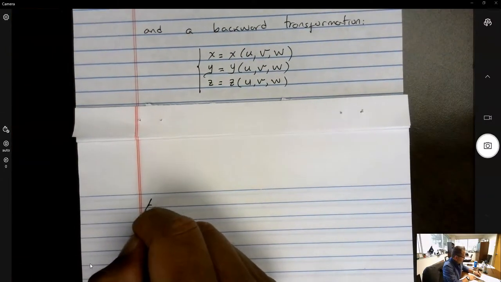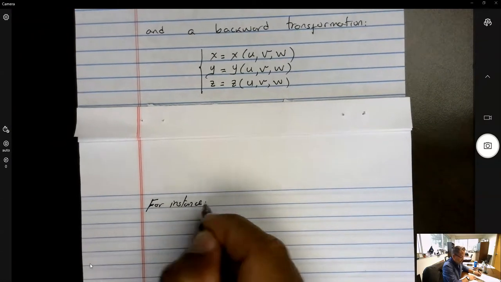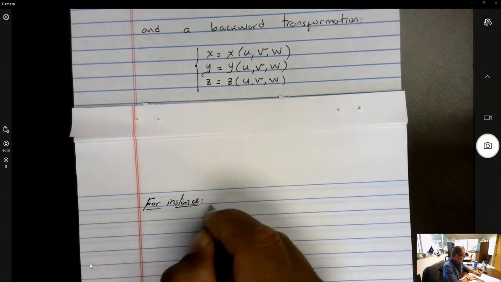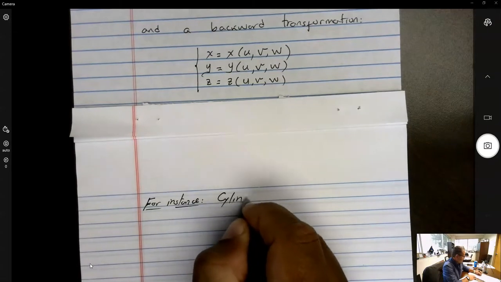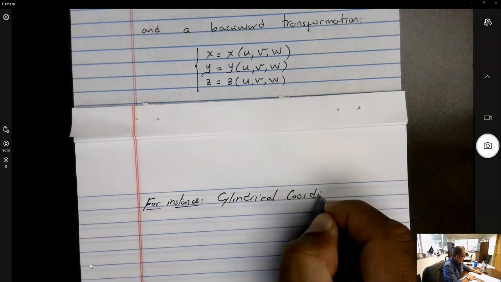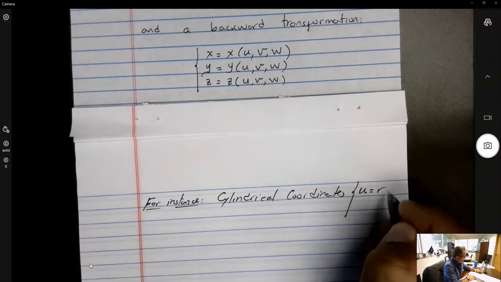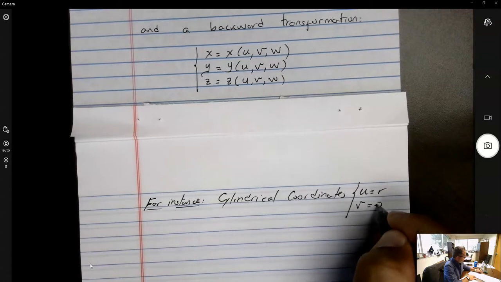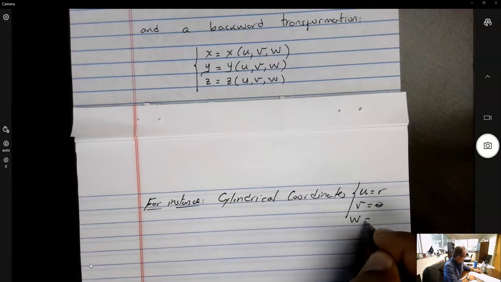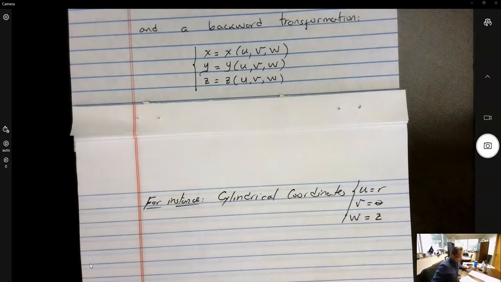For instance, the cylindrical coordinates, where U is R, V is theta, and W is Z. These are the three coordinates of the cylindrical coordinate system.